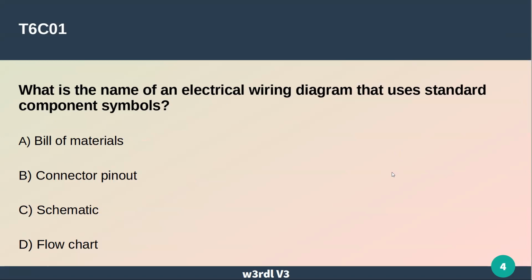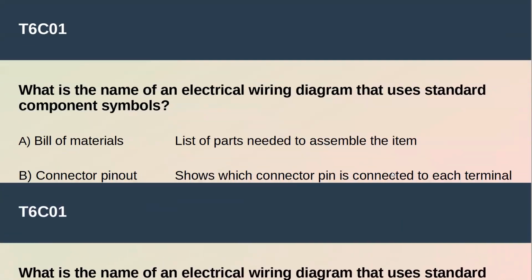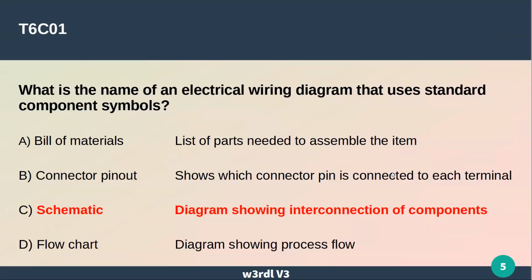Schematic. Everybody should get that one on the test. Bill of materials usually goes along with it, but it's not necessarily part of the schematic. Sometimes they'll actually have a little list on the schematic listing all the materials, but that's variable.